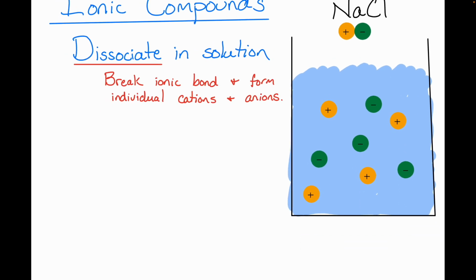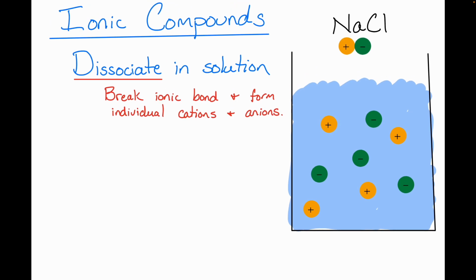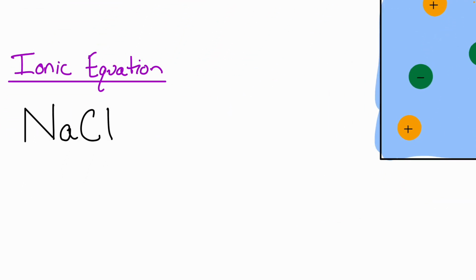Okay, so what we can draw is what's called an ionic equation. This is a skill we're going to lay out here and then put to use next class as well. So my sodium chloride, when I make a solution with it, what should be my phase symbol, my state of matter that I put in my chemical equation here?